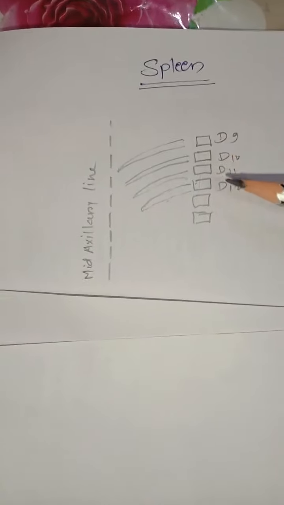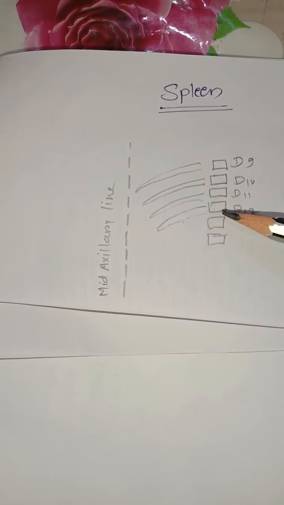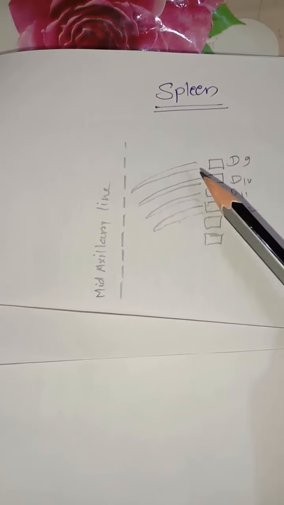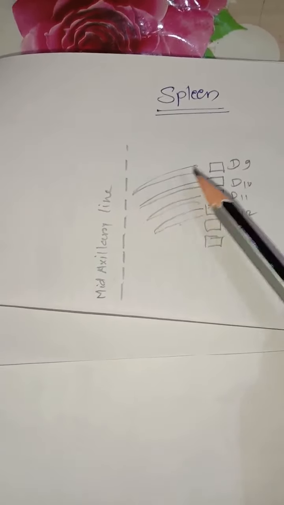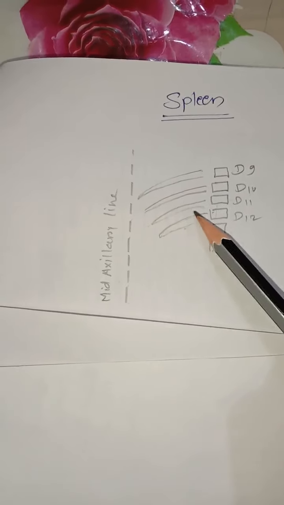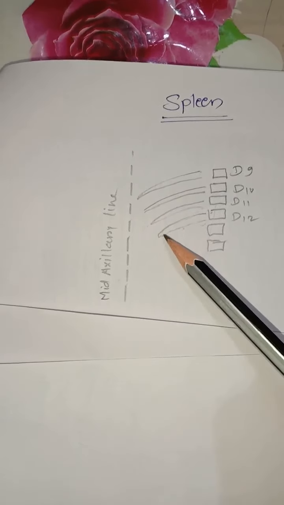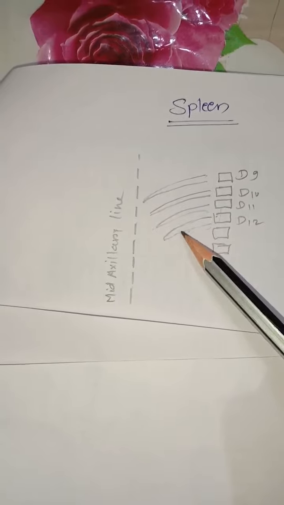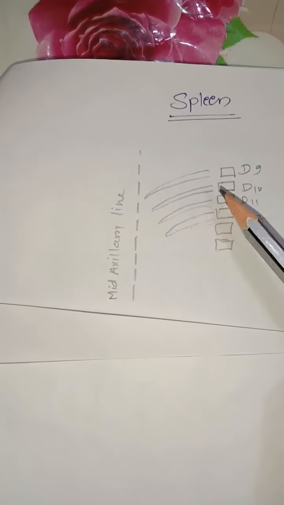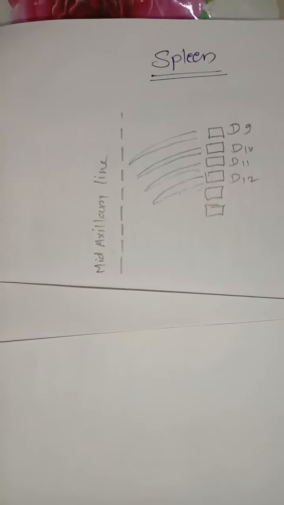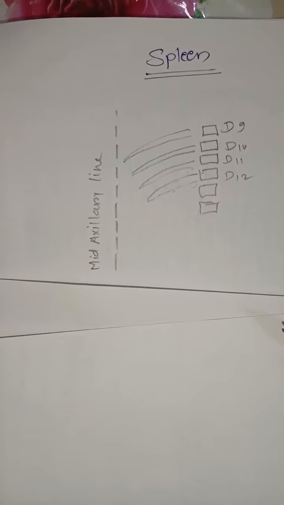So here you can see the D9 vertebra, meaning the 9th thoracic vertebra, D10, D11 and D12, meaning the 12th thoracic vertebra, and attached to it are the corresponding ribs, that is the 9th rib, 10th rib, 11th rib and the 12th rib. So the 11th and the 12th ribs are called the floating ribs. So let's see the drawing of the surface anatomy of the spleen.